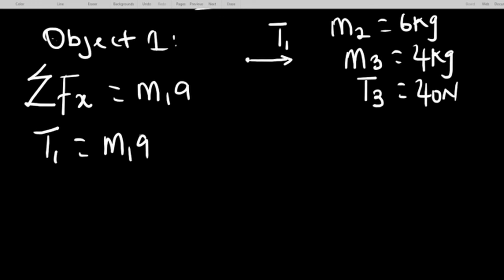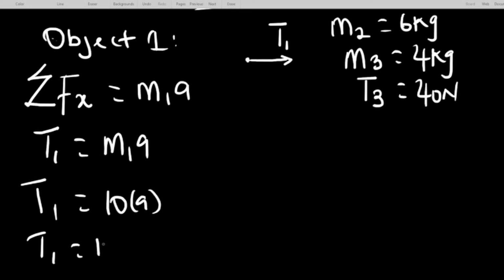So let's substitute our values. Our T1 is equal to, for the mass 1, we have 10 multiplied by A, and then T1 is equal to 10A. So we call this our equation 1.